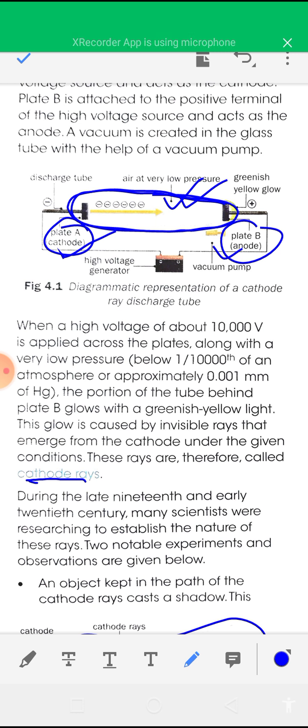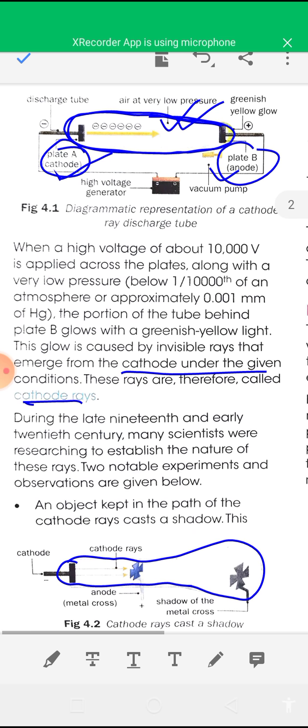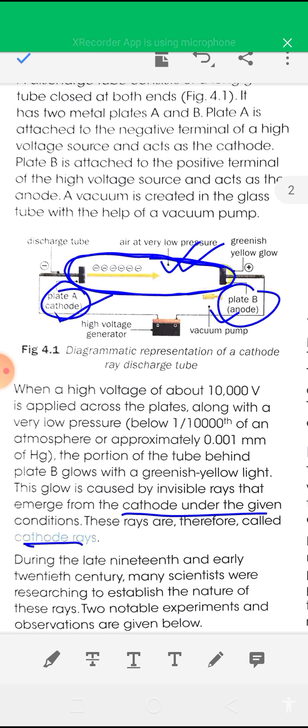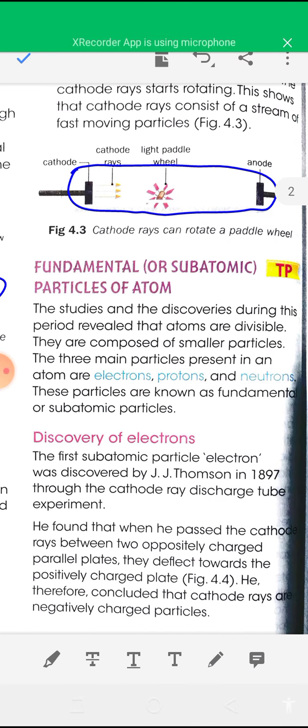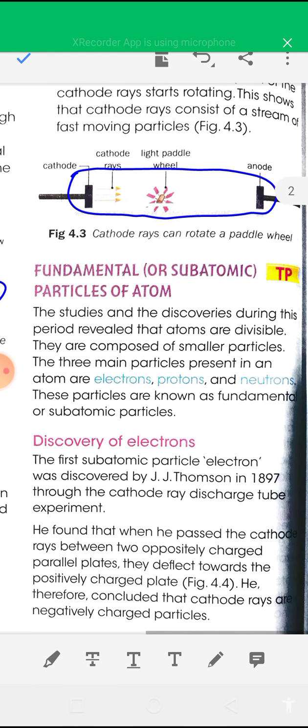When a high voltage of about 10,000 volts is applied across plates A and B, along with a very low pressure, the portion of the tube behind plate B glows with a greenish yellow light, and this glow is caused by an invisible ray that emerges from the cathode under the given conditions, and these rays are known as cathode rays, because cathode rays originate from the cathode and migrate towards the anode when a high voltage difference is applied between two electrodes.